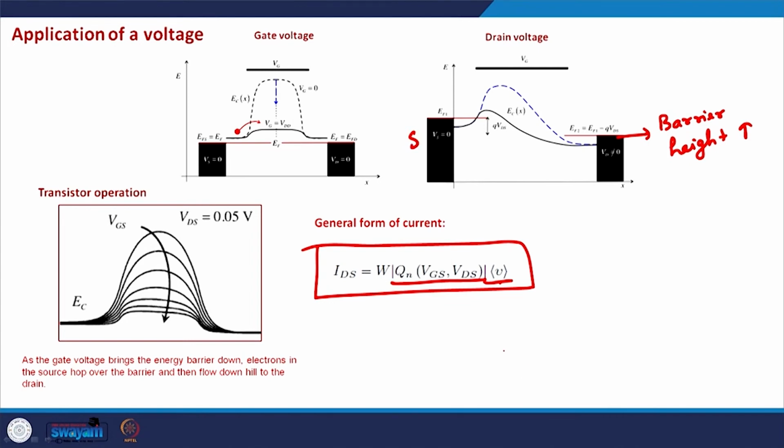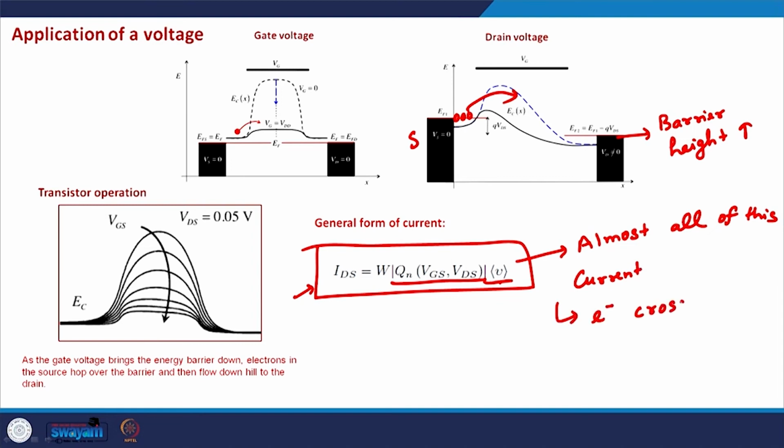So most of this current is because of the electrons crossing the barrier from the source side. So almost all of this current is because of the electrons crossing the barrier from the source side.